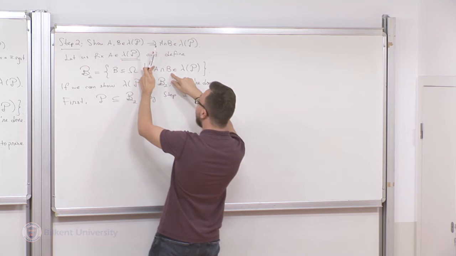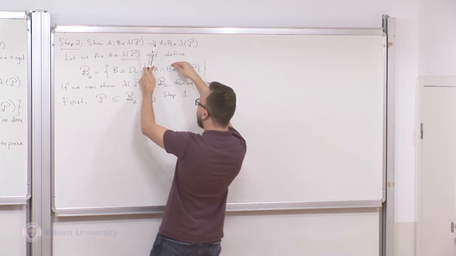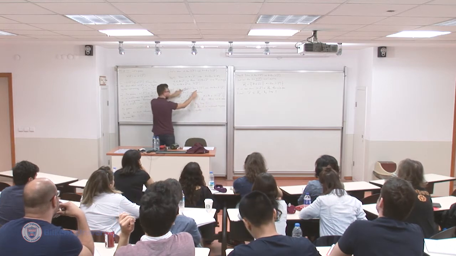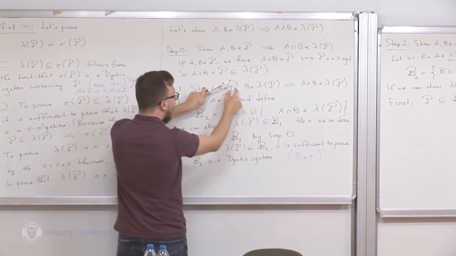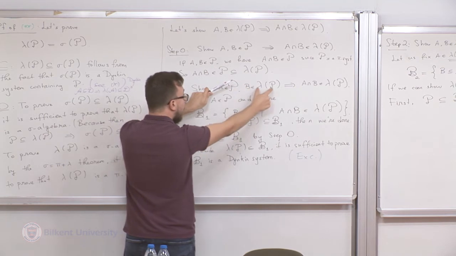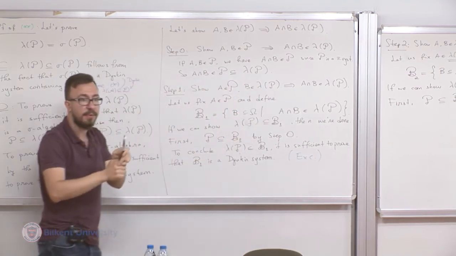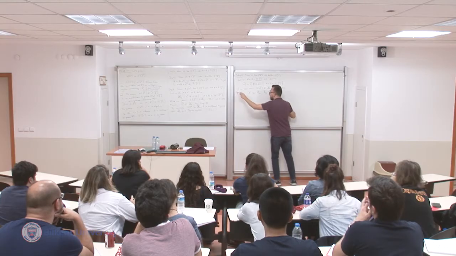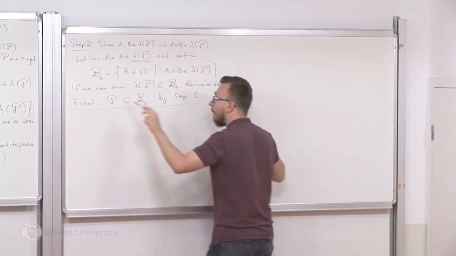So this is from the Dynkin system, this is from the pi system. It looks like the situation in step 1. One is coming from the pi system, the other is coming from the Dynkin system. Okay? Just think about this statement.